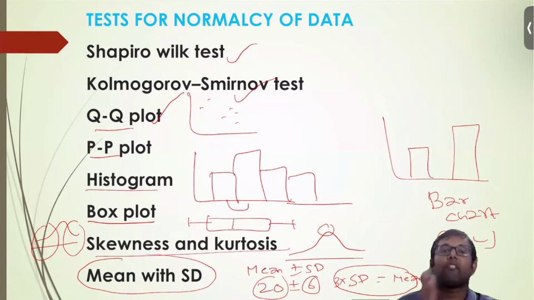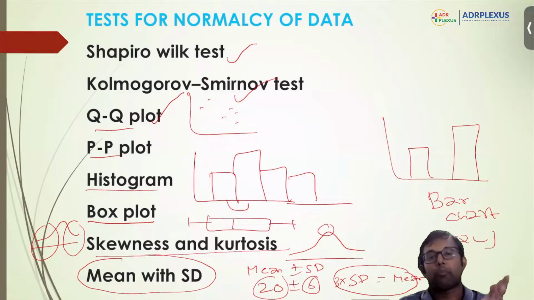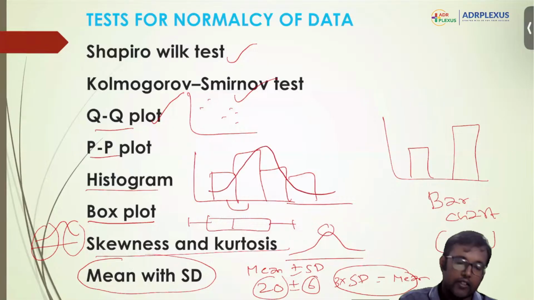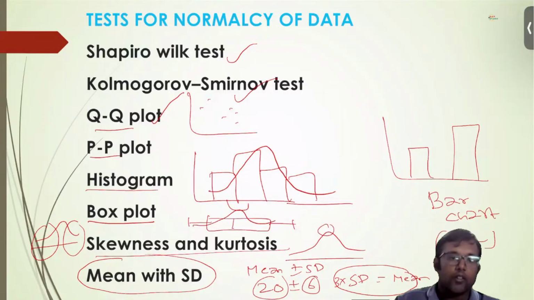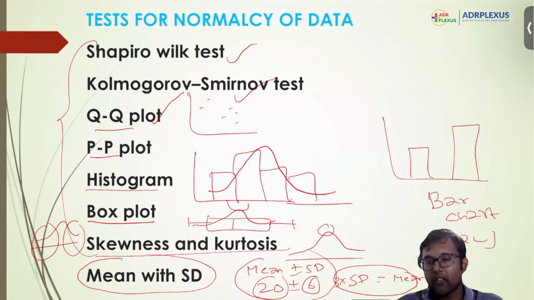But this is also a way in which we can test the normalcy of the data. So you just have to know the list: Shapiro-Wilk test, Kolmogorov-Smirnov, QQ plot, PP plot, histogram, frequency polygon, then the box plot, skewness, horizontal symmetry, then mean with standard deviation. All of this can be used for testing the normalcy of the data.